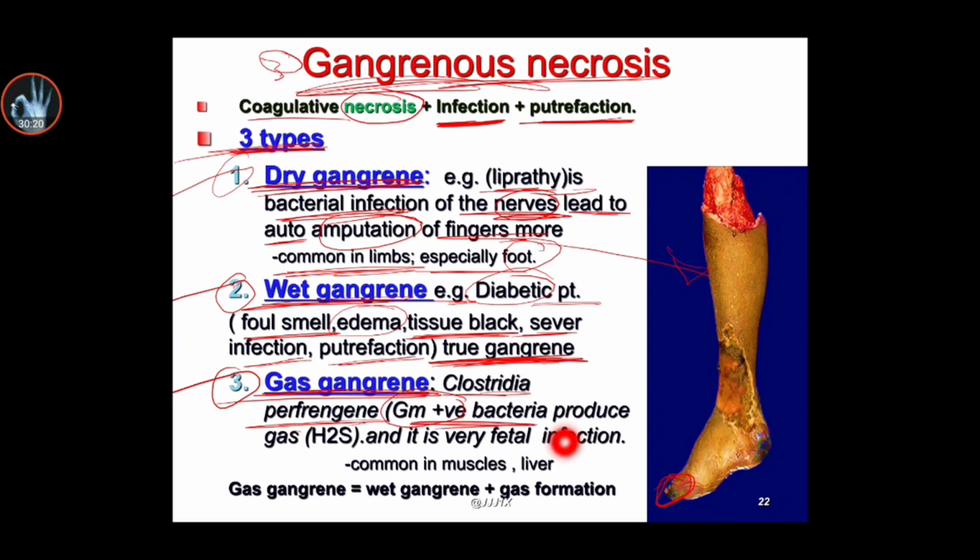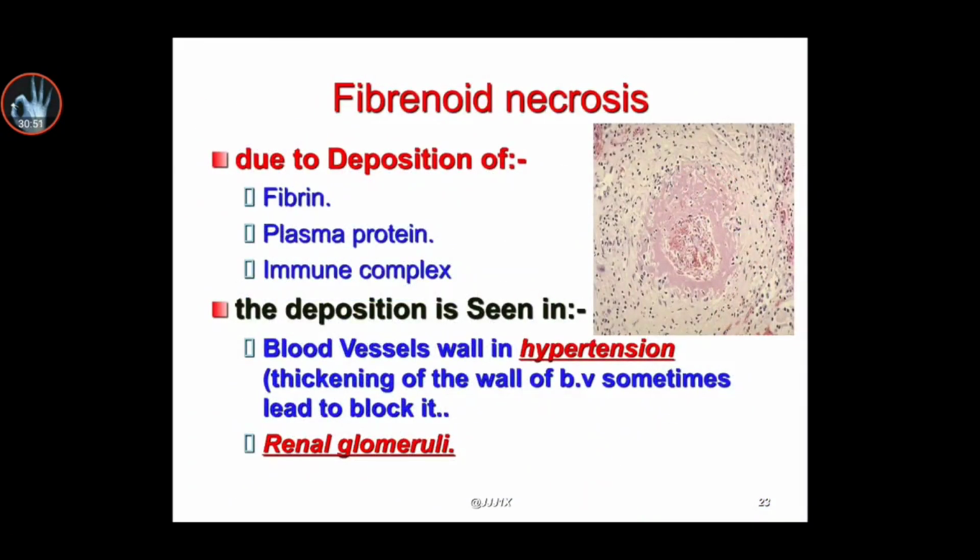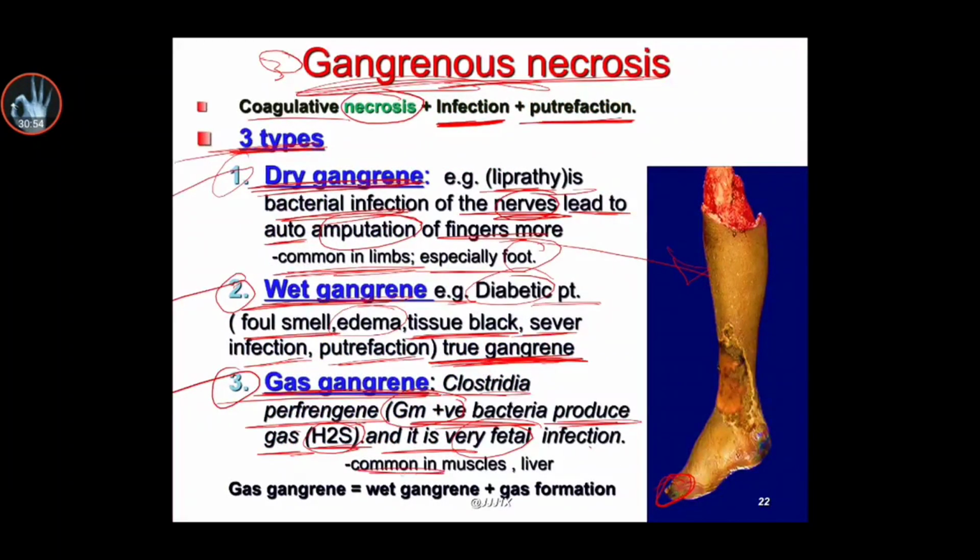When this bacteria enters the human body, it produces H2S gas. This gas is chemical and causes necrosis, and it's a very fatal infection. It commonly occurs in the muscles and the liver. Gas gangrene is a wet gangrene plus gas formation.